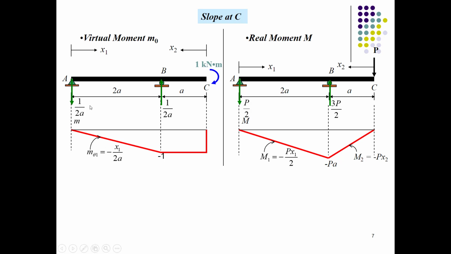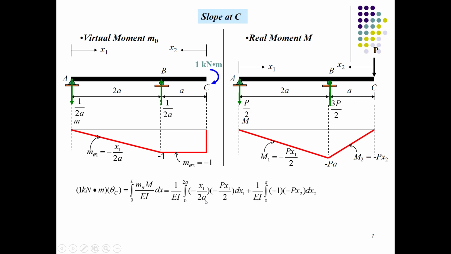You will have minus x1 over 2a, and over here a moment value of minus 1 because of this applied moment. You already have the moment values due to the real applied load. You will compute these values by applying the limits, and here comes the solution.